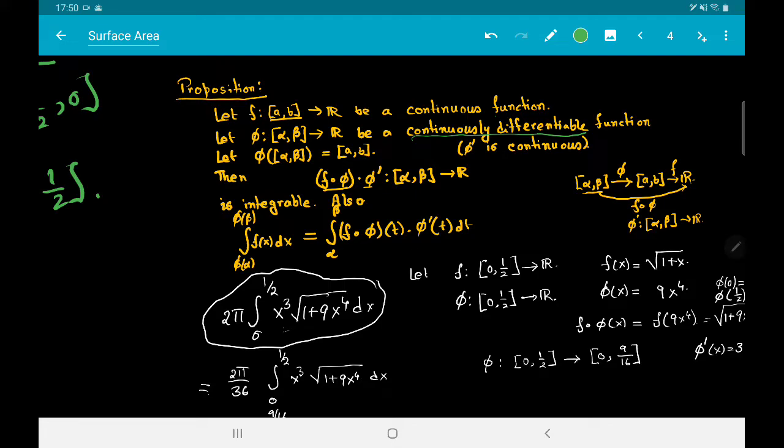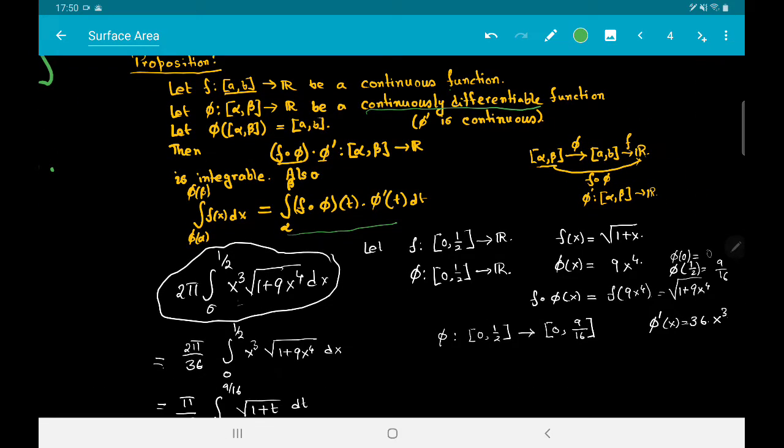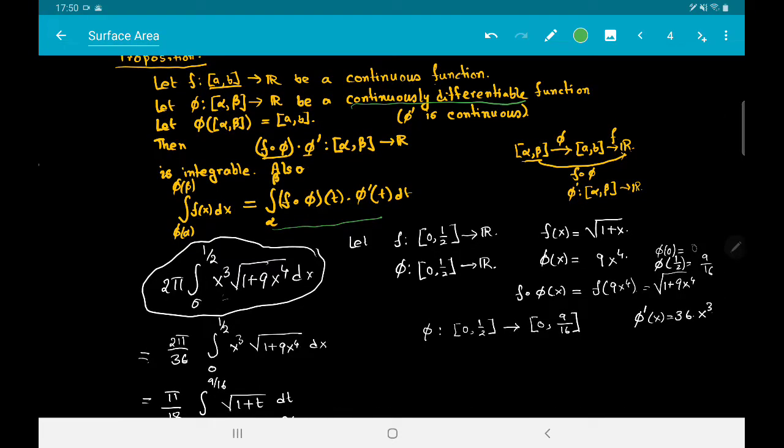Then, if I want to integrate the function f of phi of t times phi prime t dt on the interval alpha beta, we are going to get the integral of f(x) in the interval phi of alpha to phi of beta. So here we have to choose our functions f and phi.